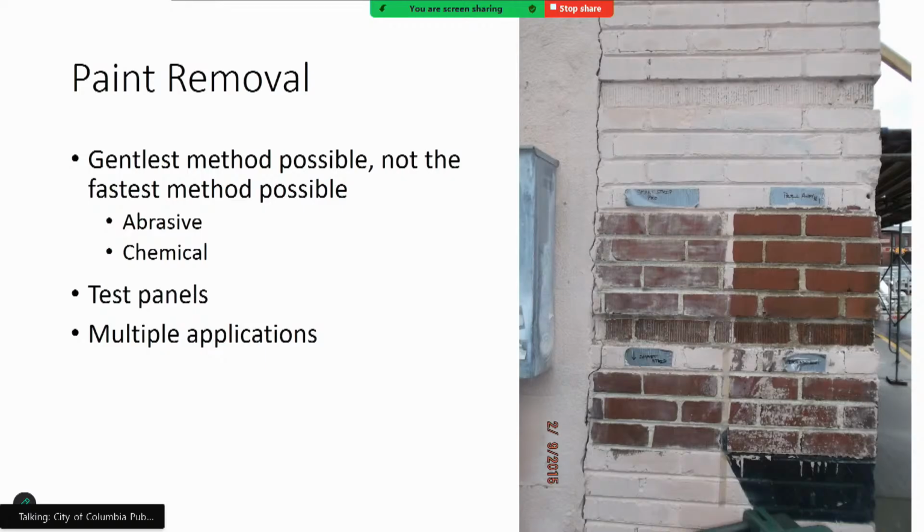A lot of times they have to lay a film, like paper, across it. It holds it against the building, kind of like a poultice, and works at getting that paint off.